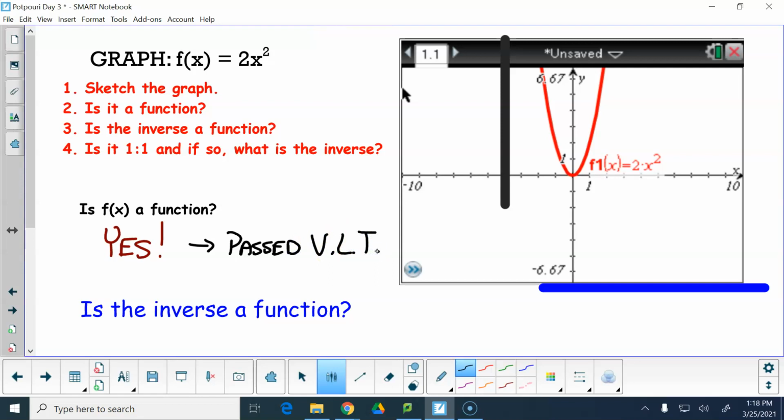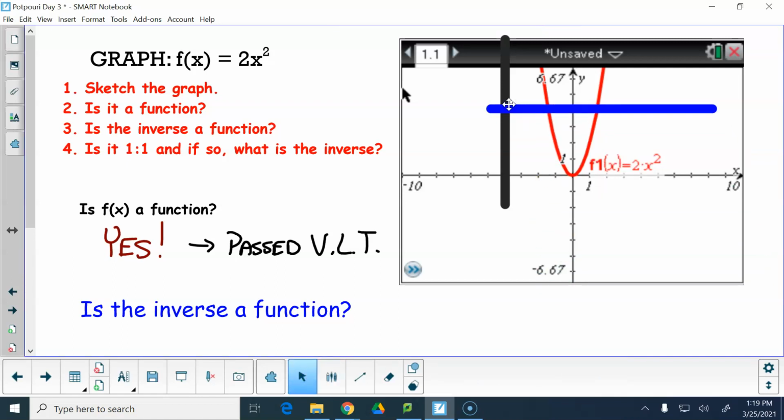The third one is the inverse a function? Why not? Right there, it's 2 points.